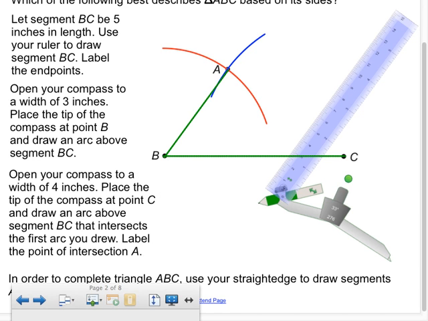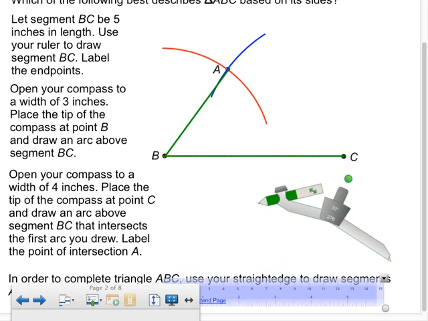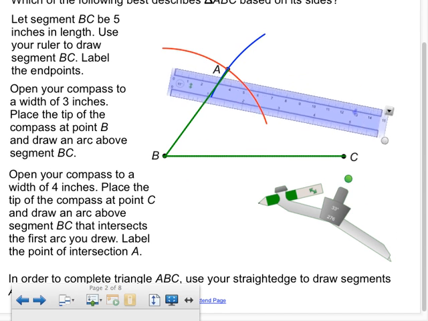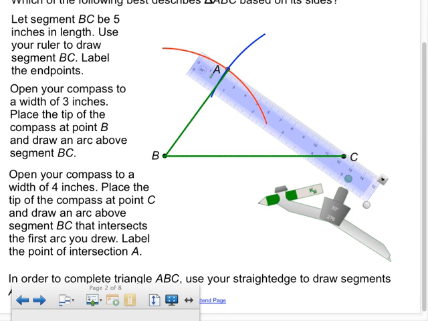Going to draw segment AC. Okay, here's segment AC.